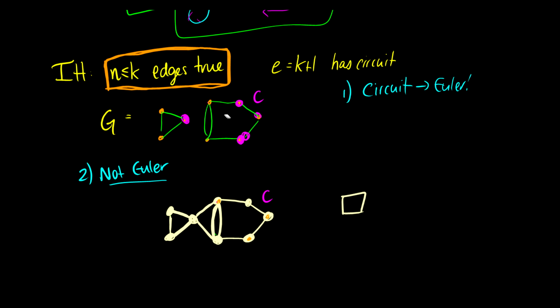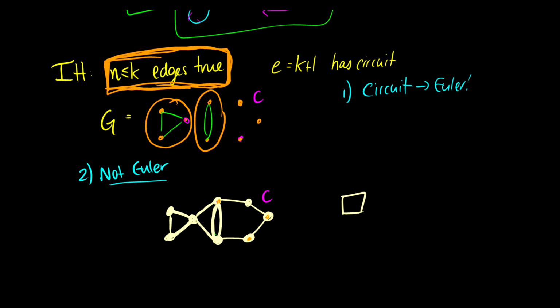So we delete all those edges, and we delete our little pink circles, and then we take a look at the remaining parts, and because our induction hypothesis said for n less than or equal to k, it has an Euler circuit, we know that the number of edges in our components are going to be less than k. So that means that when we reconstruct our circuit, we can just take the Euler circuits as we hit the vertex that contains them, and then we construct a full Euler circuit in the graph.